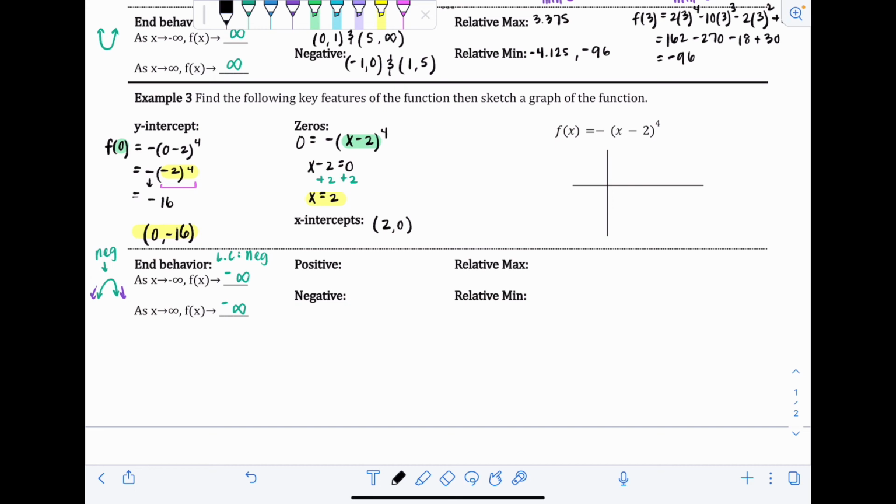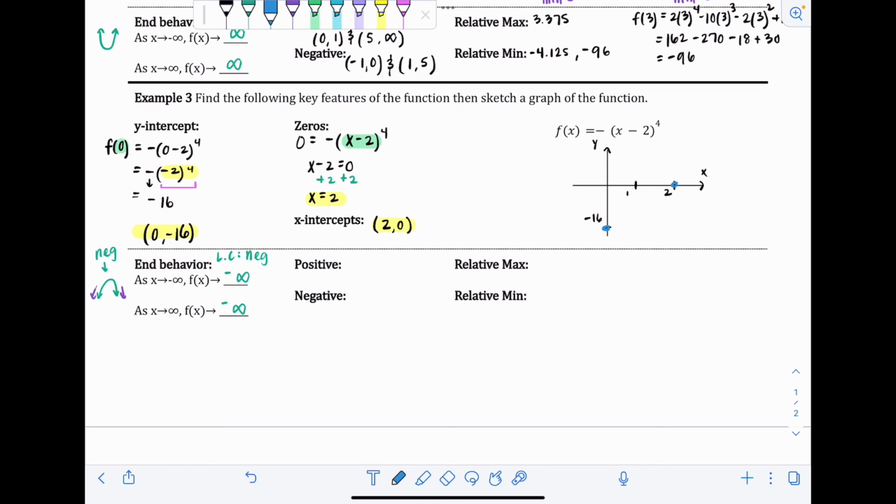Okay, so we'll do 1, 2, and then I'm not going to scale the y-axis completely, but I am going to go down and put a mark and call it negative 16, even if it's not exactly to scale, so that I can put my y-intercept on the graph. Then I'll plot my points that I know. I know that there's an x-intercept at 2, 0, so I'll put one right there. And then I know that there's a y-intercept at 0, negative 16, so I'll put a point right there.